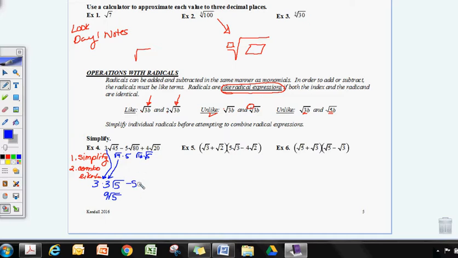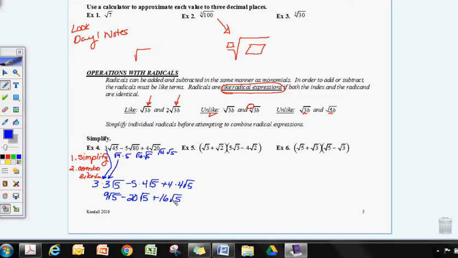Square root of 16 is 4, and a square root of 5, and this becomes minus 20 square roots of 5. And then the square root of 20, I can think of 4 and 5, square root of 4, square root of 5. So there's already a 4 on the outside. I multiply it times another 4, and then it's a square root of 5, and that would give me 16 roots of 5.